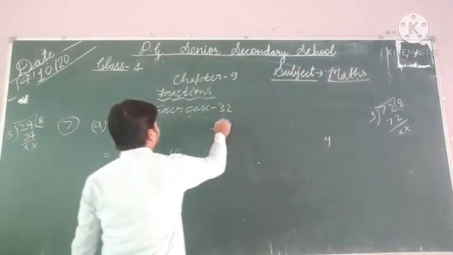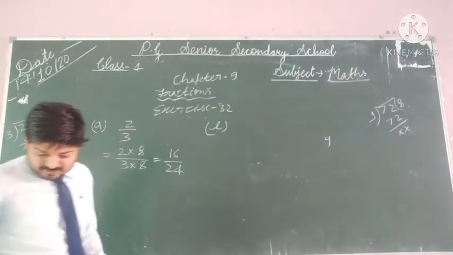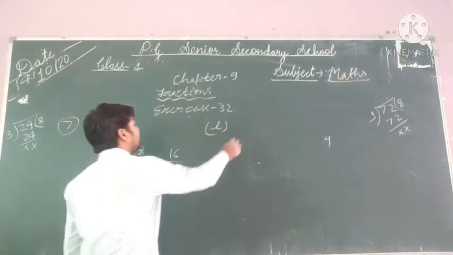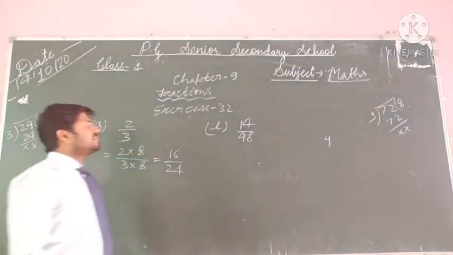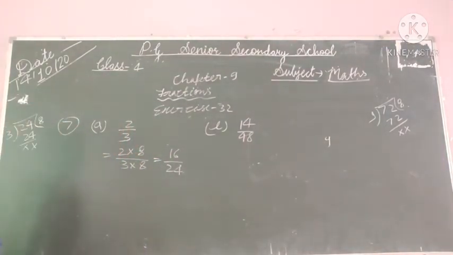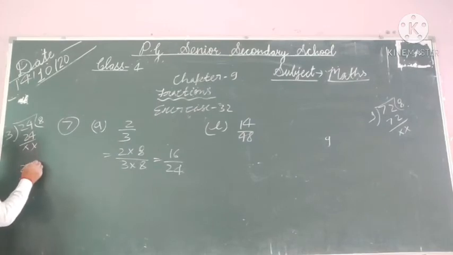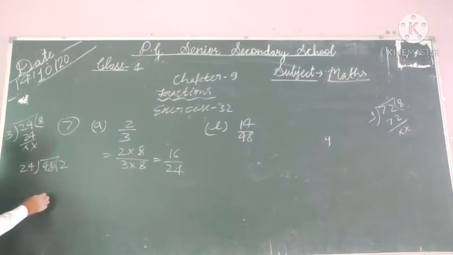Question number E is this, 14/48. अब इसमें कैसे बनाओगे डिनोमिनेटर में 24? So 24 से 48 में डिवाइड कर लें आप। How many times it will go? 2 times.